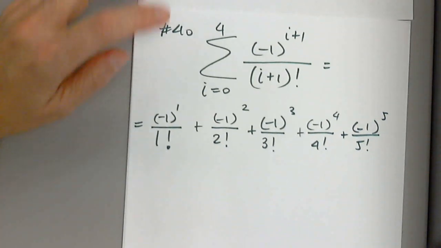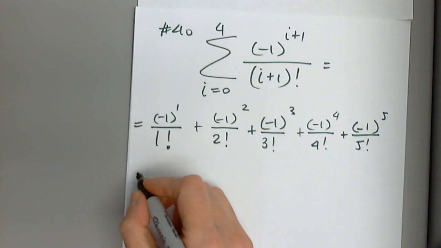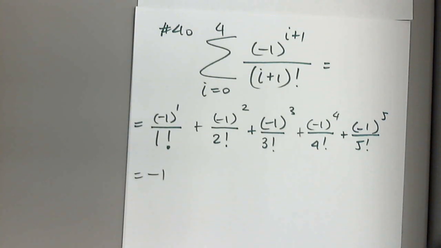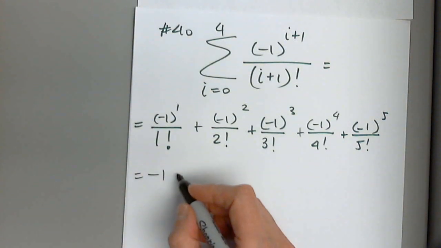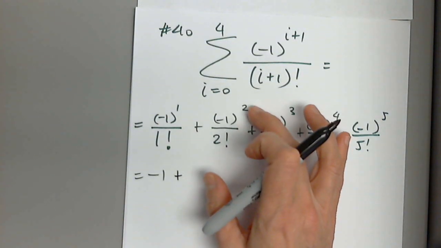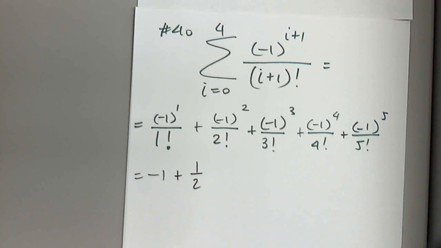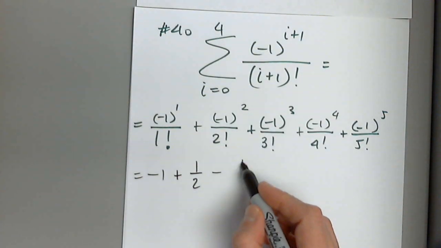Negative 1 to the 1st power is negative 1, and 1 factorial is 1, so the first one is negative 1. Plus, negative 1 squared is positive 1 over 2, because 2 factorial is 2. Negative 1 to the 3rd is negative 1.